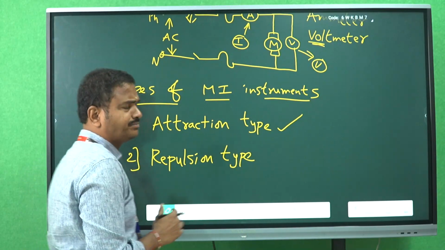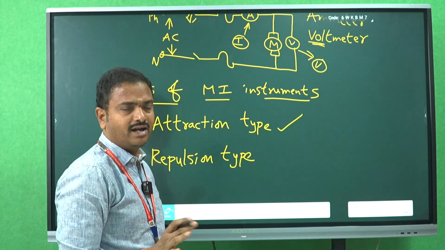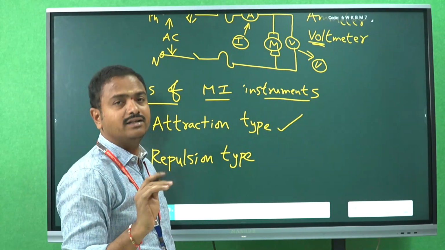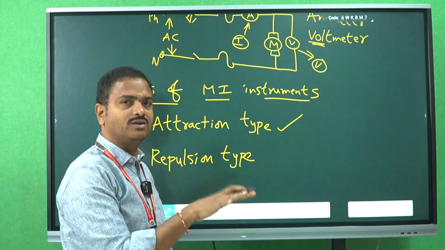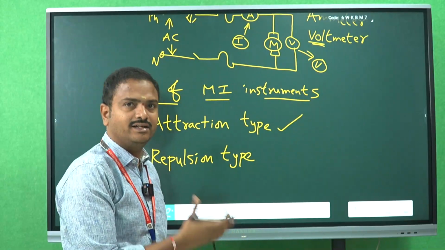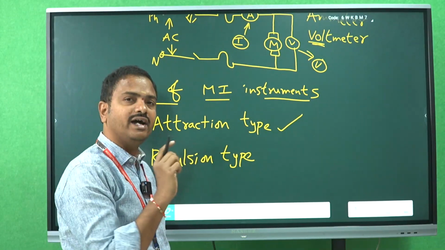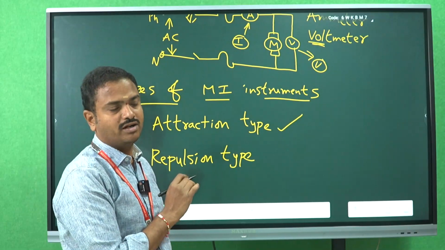In this instrument, it consists of a fixed coil and an iron plate or iron piece. Whenever current is flowing through the fixed coil or coils, a magnetic field is produced inside the instrument. Then the moving iron piece will be attracted towards the stronger magnetic field lines.